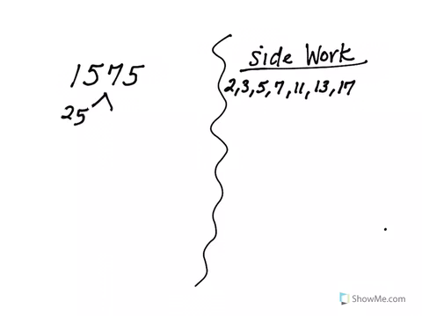But I'm going to do some division: 1,575 divided by 25. Because whatever number is the answer, that's what's going to go here. Because those two numbers are going to multiply to get 1,575.